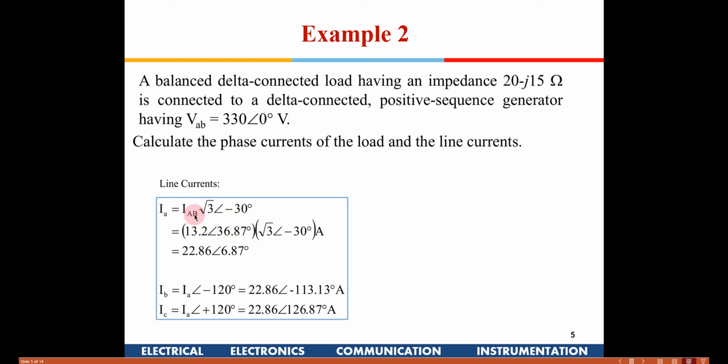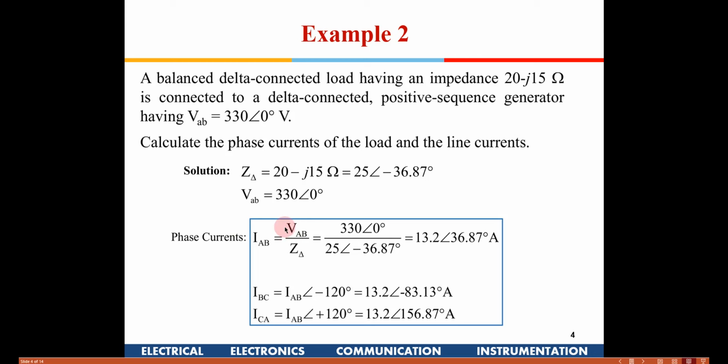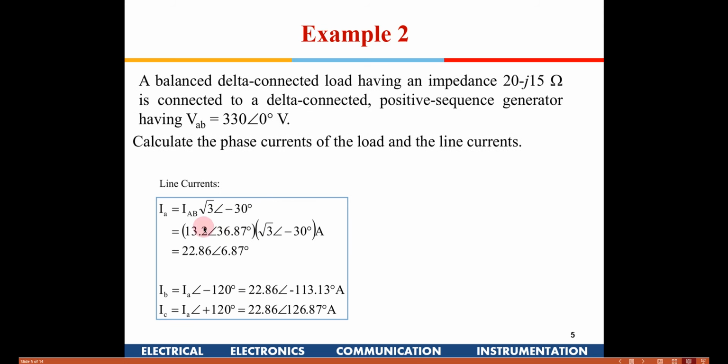Here I_AB is the phase current, because the phase voltage was available across each of the arms, and we divided it by the impedance. So what we got is the phase currents. Now from phase currents to line currents, it is root 3 times the phase current at minus 30.